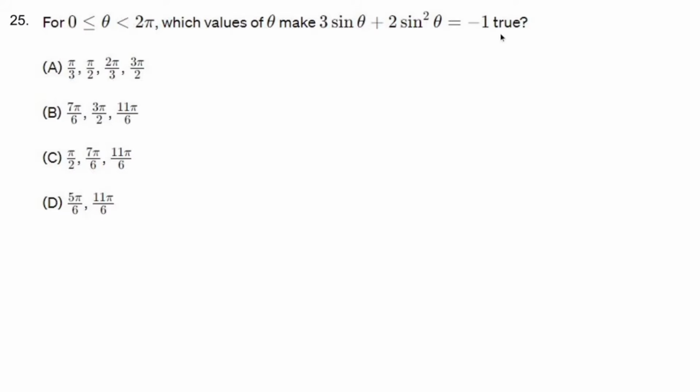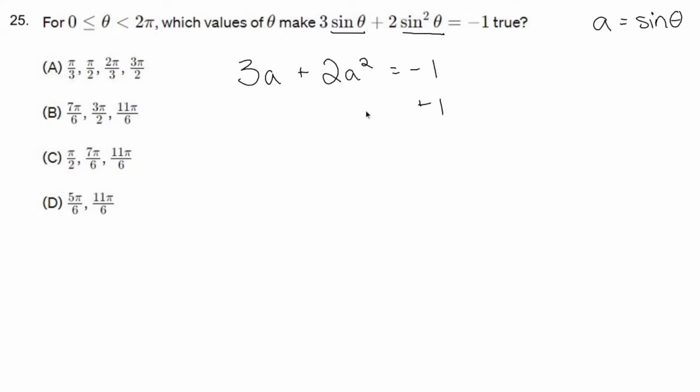Whenever I see this, I just make believe in my head that sin θ is a. Let's just pretend that sin θ is a. You'll see. So I would write down something like 3a + 2a², that's sin²θ, so a squared, equals -1.